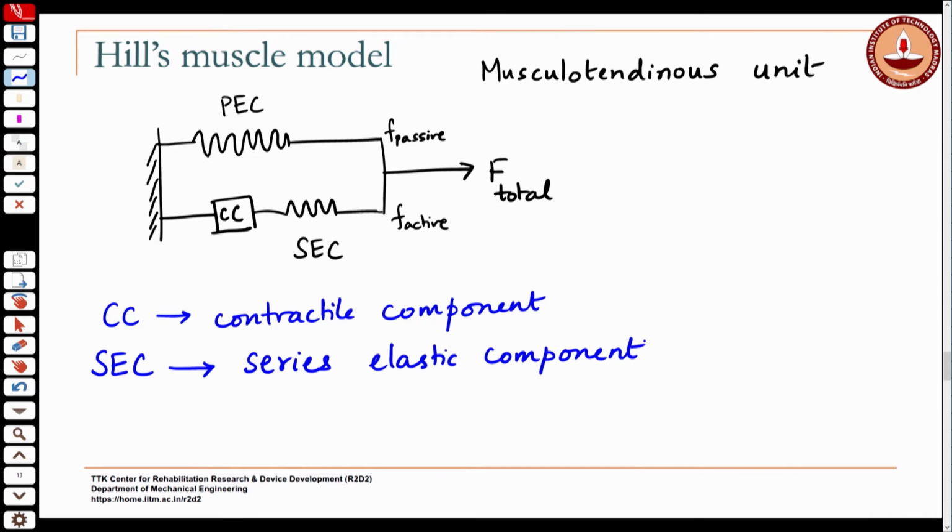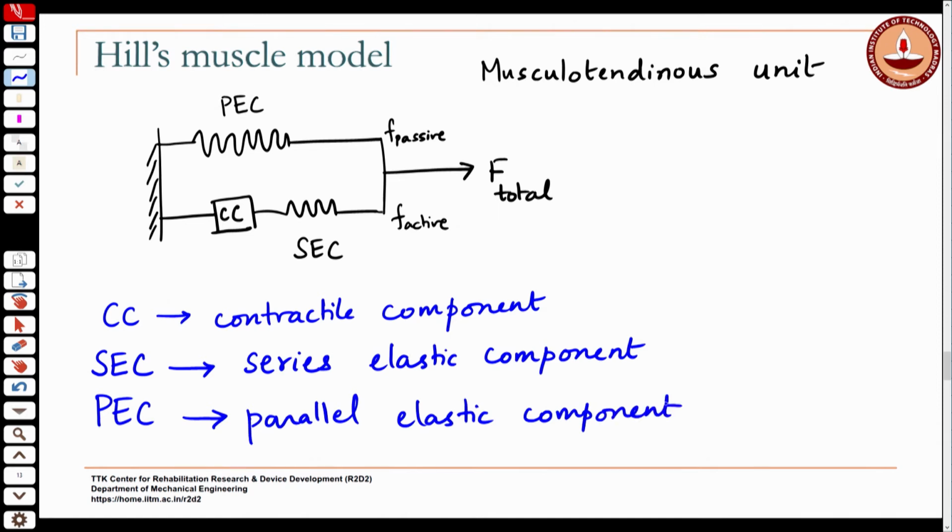And P is the parallel elastic component. So, these are the tissues. Whatever force is generated by the muscle is the same force experienced by the tendon.